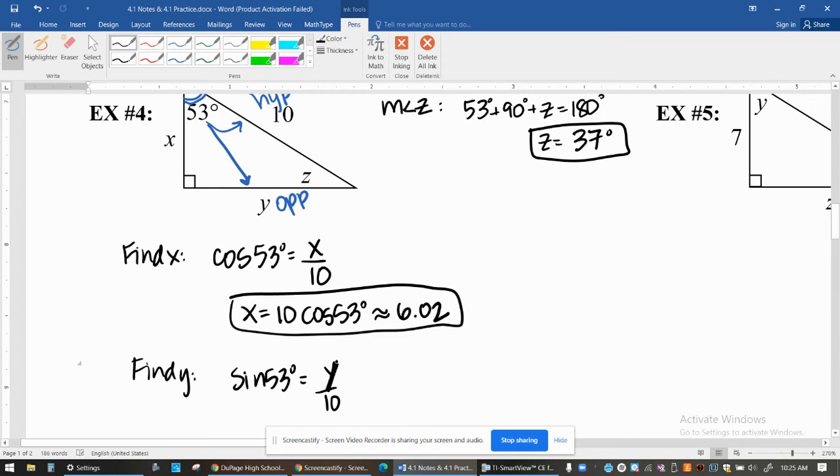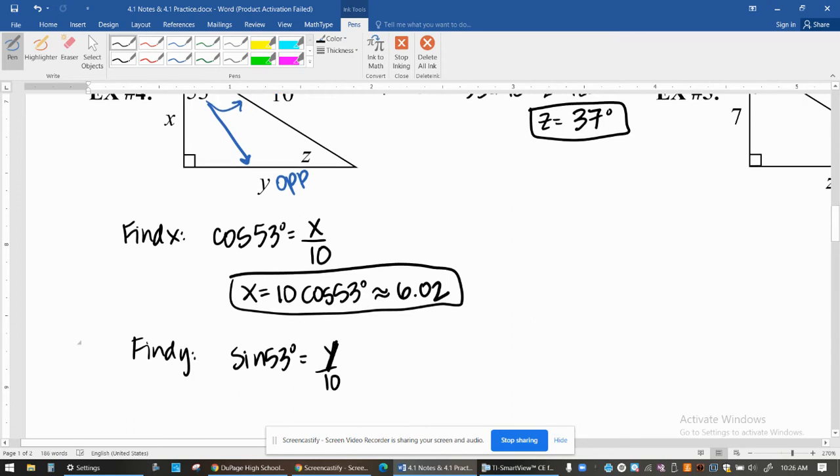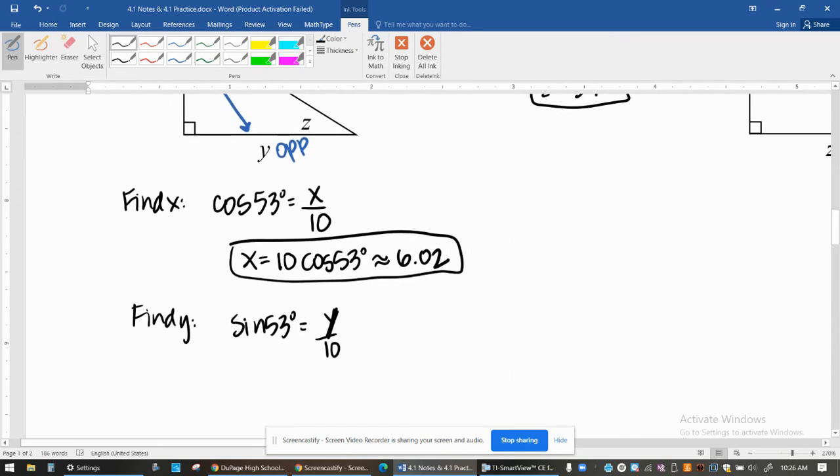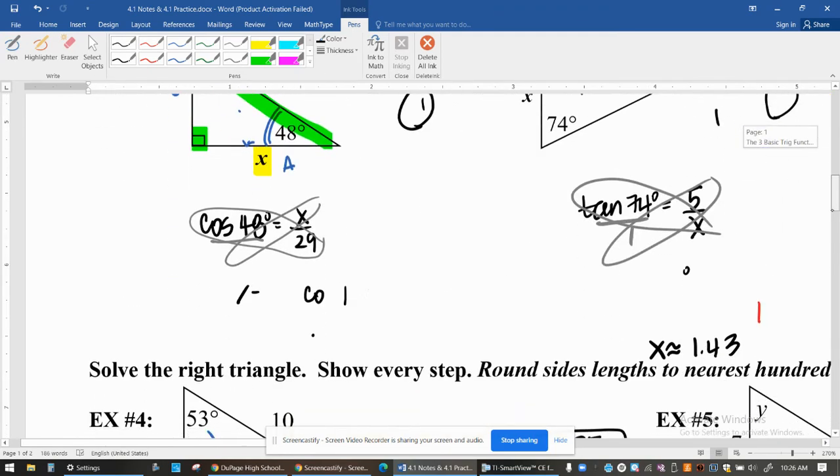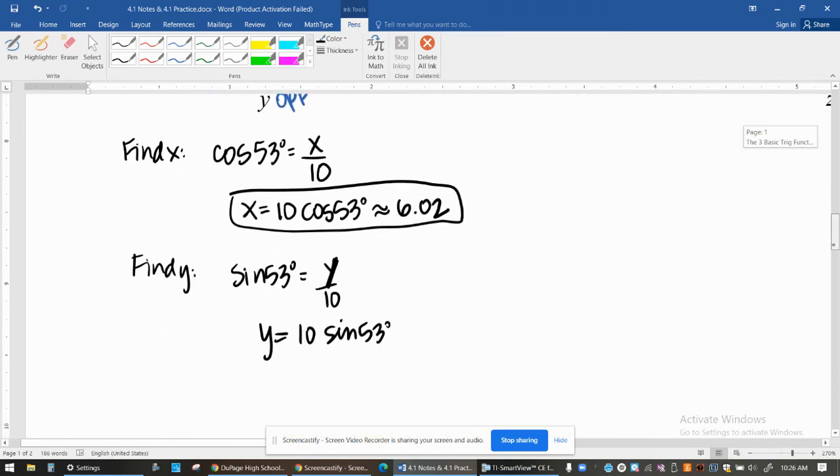That's supposed to be a y, sorry. I can multiply both sides by 10 or I can cross multiply. Remember I told you you could put the little one under. Either way, you're going to have 10 times sine of 53 as the value of y. Remember, I like to keep that single value in front of my trig function. So the 10 I'm going to always put in front.